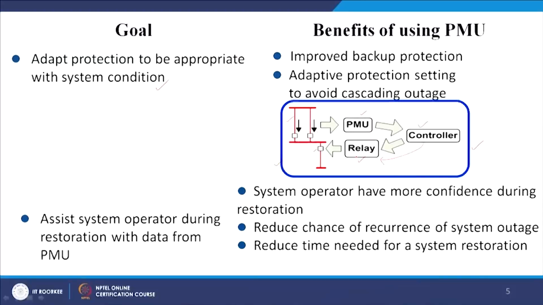If we talk about digital relays, and why we are adding this PMU information as far as WAMS technology is concerned, it is to make the relay more intelligent and smart by providing more information globally. It is a local device. The relay just takes care of the voltage and current information at the bus where it is located.